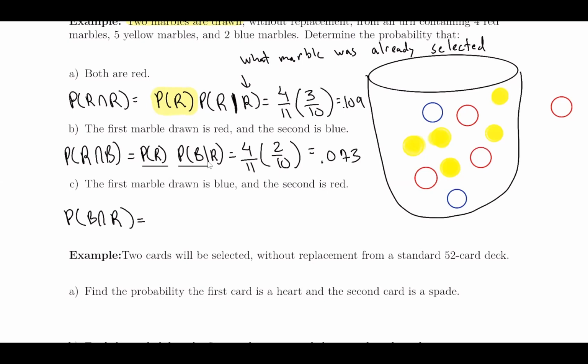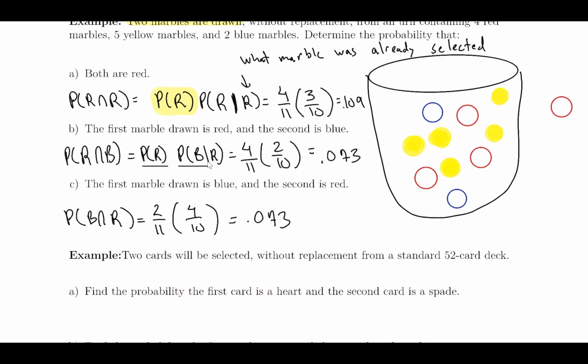So instead of saying we get red first and then blue, now we're saying we're going to get blue first, then we get a red marble. So what's the probability that the first marble I choose is blue? 2 out of 11. What's the probability that the second marble I choose is red? So if you work that out, you actually get 0.073. And that's it for C.